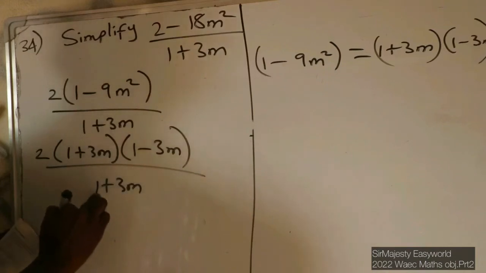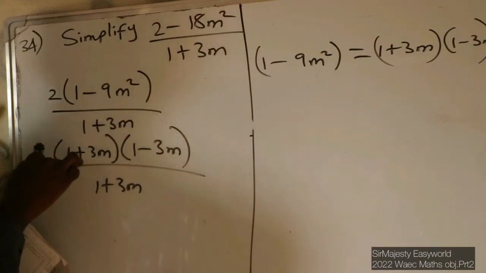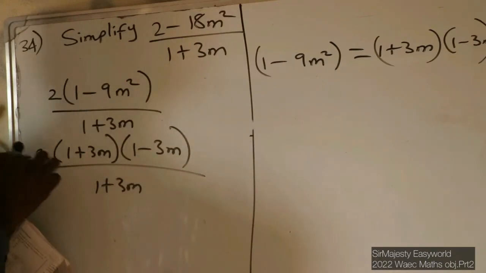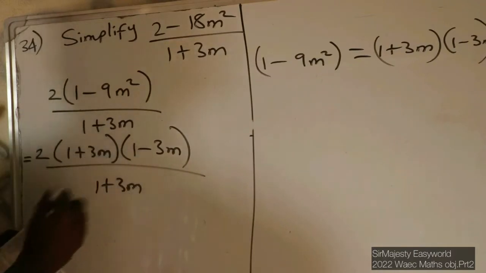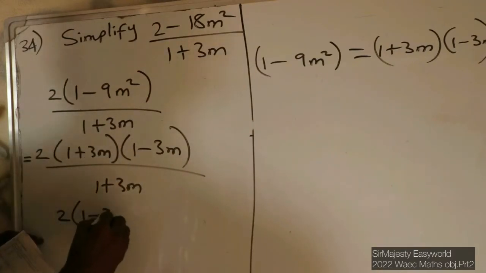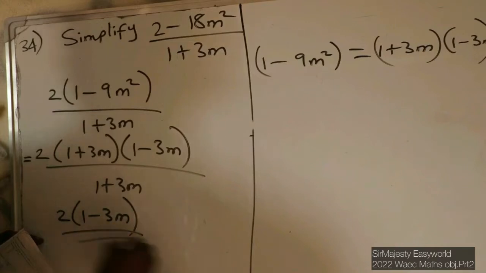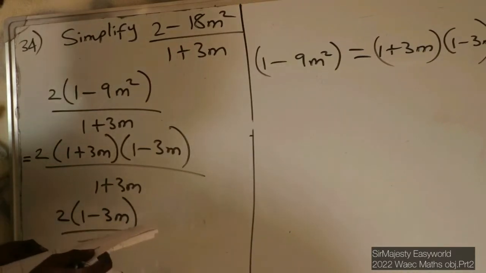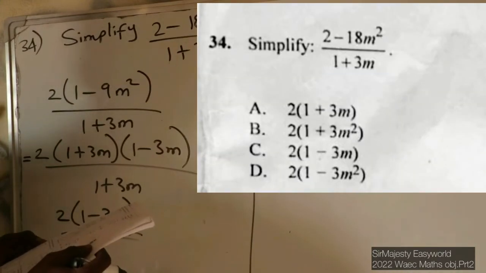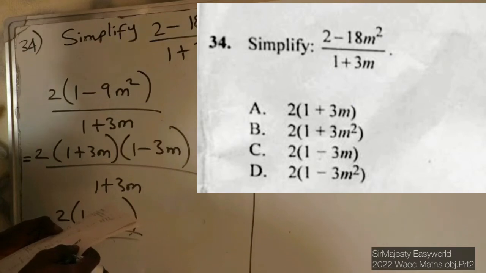So 1 plus 3m cancels 1 plus 3m, and we are left with 2 brackets 1 minus 3m. This is our final answer, and this can be found in option C.